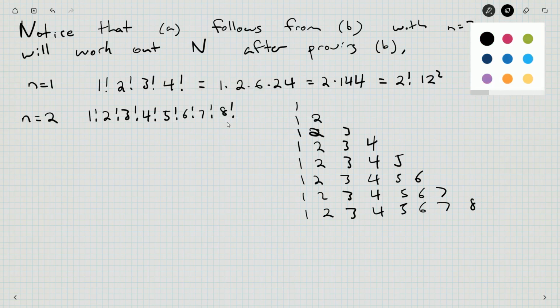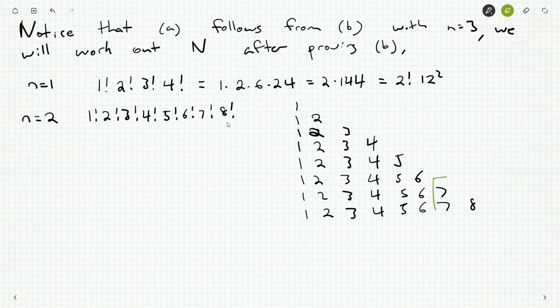Well, these 7s, they would go together to make part of a square. So that accounts for 7 squared. As a matter of fact, I think we just take all the possible pairs and we'll be left with some numbers left over. So that's 7 factorial squared.